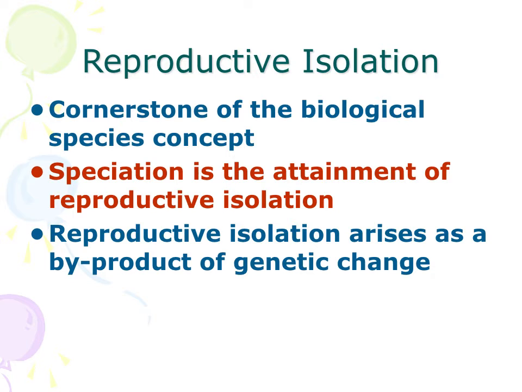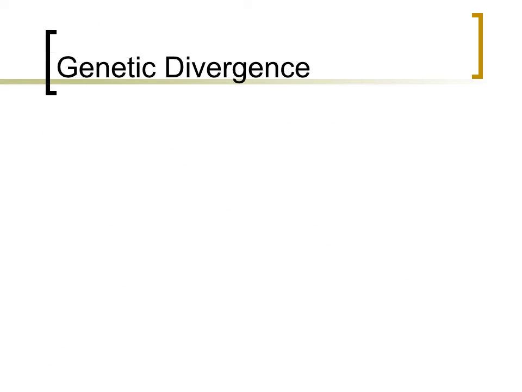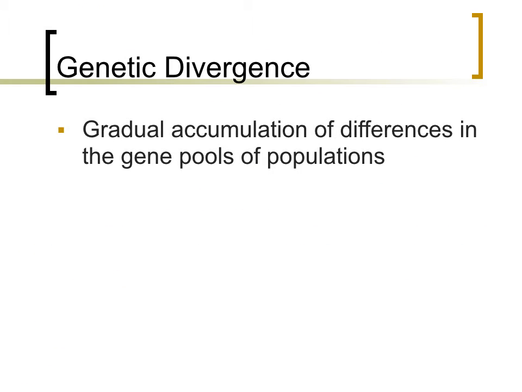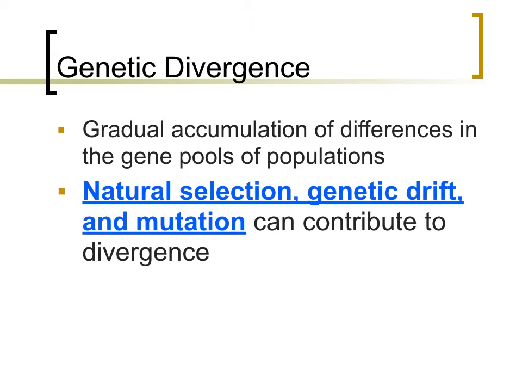Reproductive isolation arises as a byproduct of genetic change. So species change over time. So they genetically diverge. All right. So it's important to realize that reproductive isolation is going to lead to a new species. Now, there's different things that can push that. All right. So genetic divergence is the gradual accumulation of the differences in gene pools of populations.